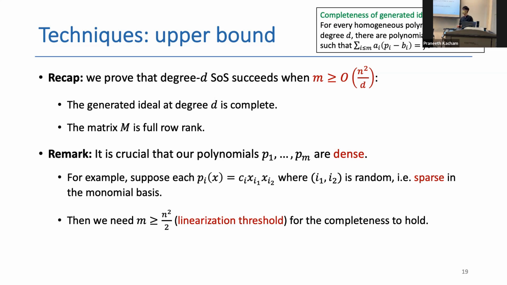So this is one key point that's different from the usual CSP refutation, where each predicate is only on a small number of variables, so in their case the polynomial is sparse. If it's sparse, then at least in this example, you can prove that n squared over 2 is needed.